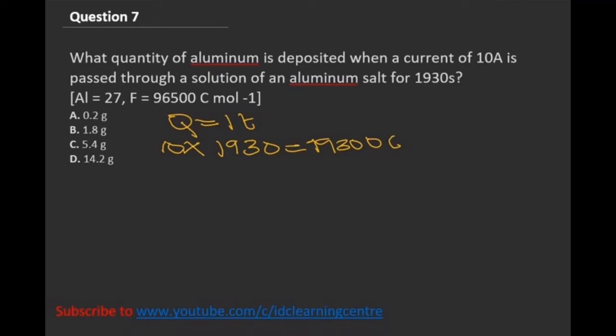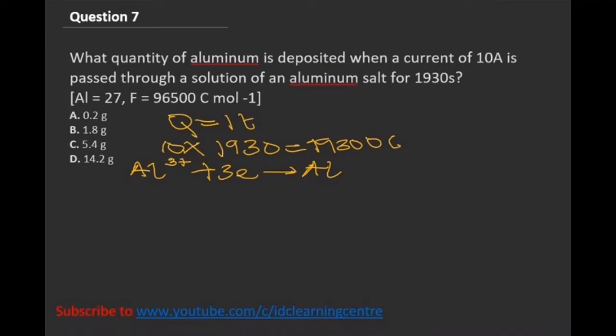Since we are looking for aluminum, we say Al3+ gains 3 electrons, so we have Al as aluminum.